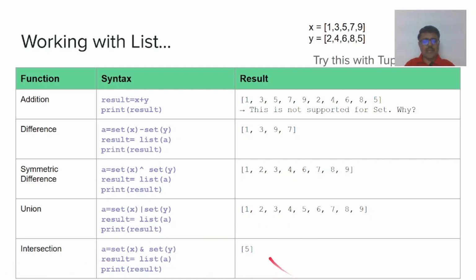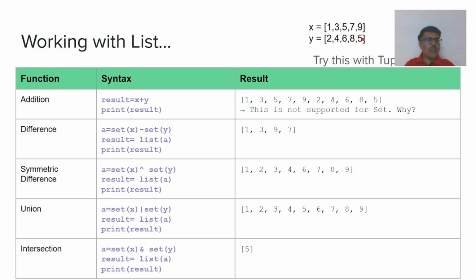Then intersection. Intersection we know is what is common to both of them. So 5 is common, so that is the only one. And then there is something called symmetric difference. You learned about difference. What is symmetric difference? In symmetric difference, what is common in both is excluded and the remaining is considered. In other words, the intersection of these two will be 5.